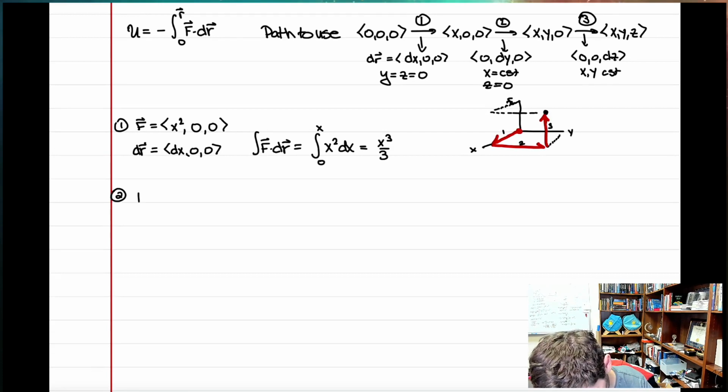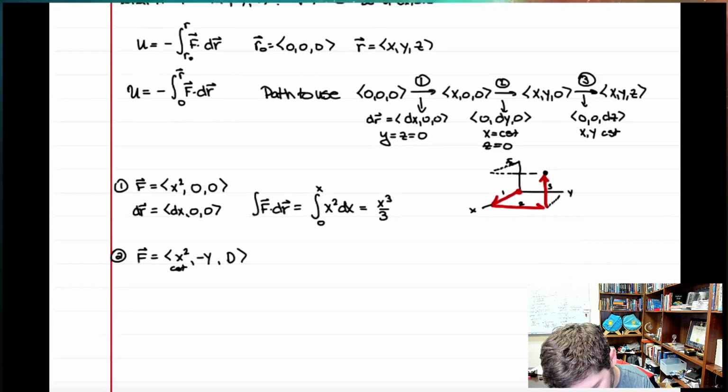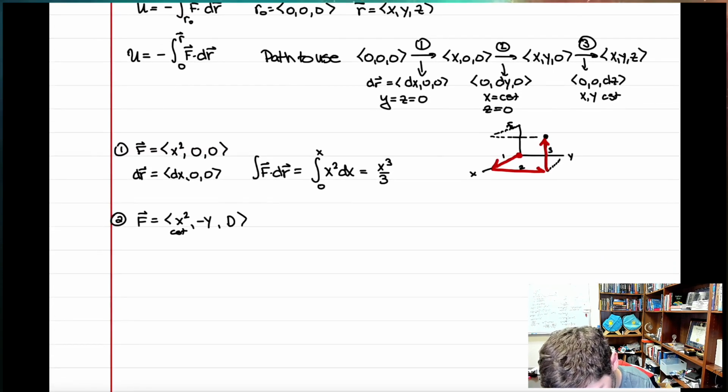Now x is a constant, but then we have y, which is allowed to change. Oh wait, what function did I give? Oh, sorry, I did not give z. This should technically have been 1.